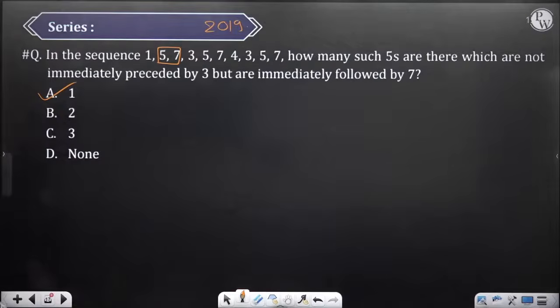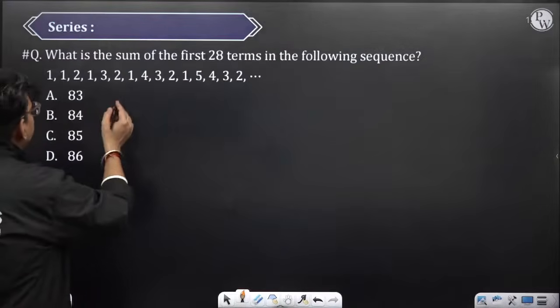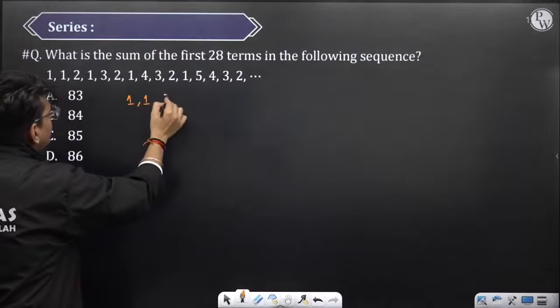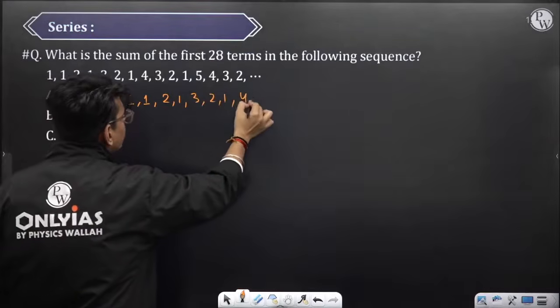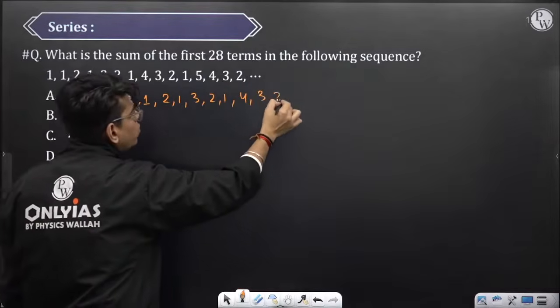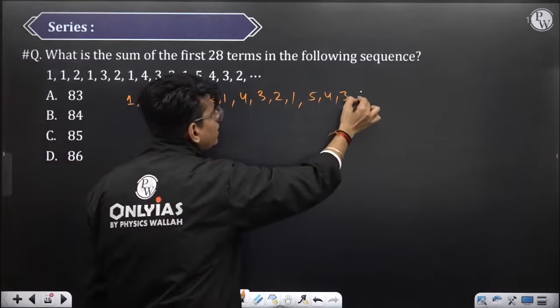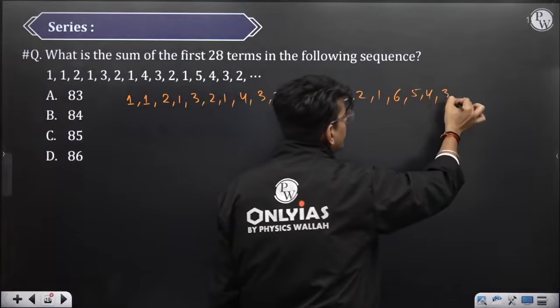Next question, you can find this type of question also. What is the sum of the first 28 terms of the following series? The pattern followed is 1, then 2, 1, then 3, 2, 1, then 4, 3, 2, 1, then 5, 4, 3, 2, 1, then 6, 5, 4, 3, 2, 1.